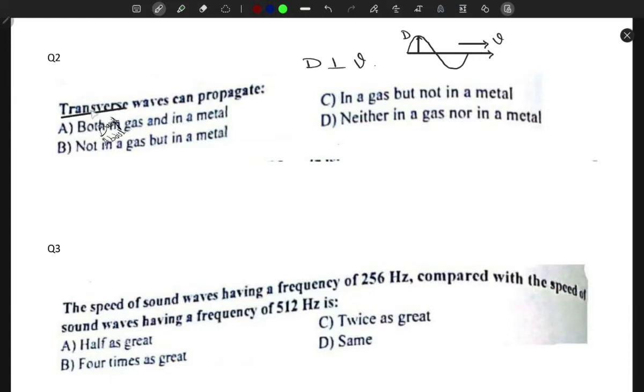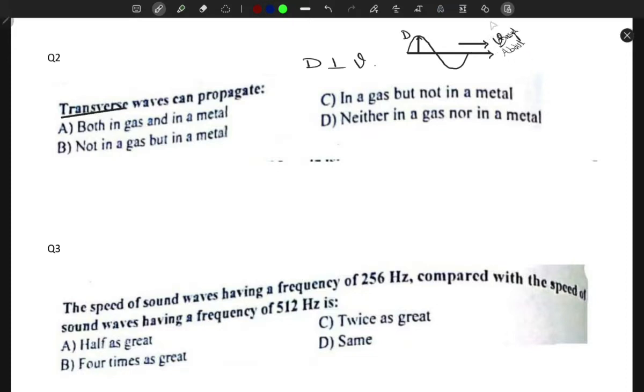So these are transverse waves. Now these waves cannot travel in any type of fluid. The reason for that is because in fluids there is no mechanism to drive this motion perpendicular to the propagation of the wave. There is no way that I can keep the displacement perpendicular to the direction of propagation of the wave, right?